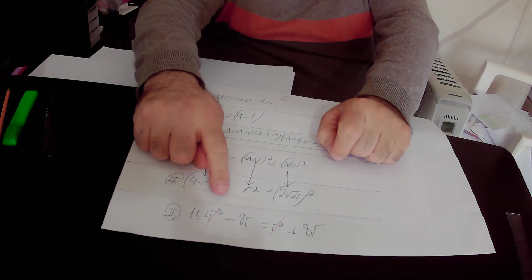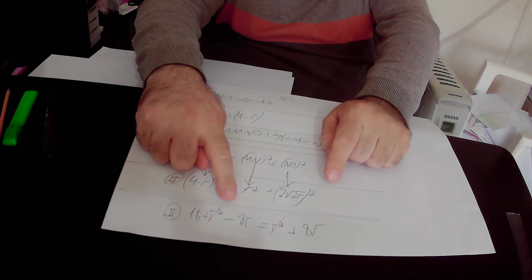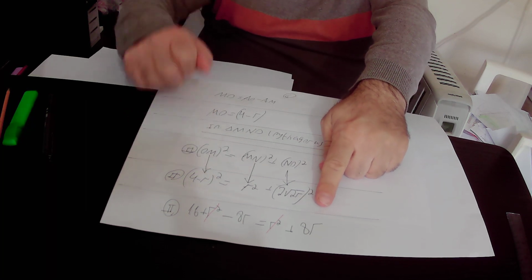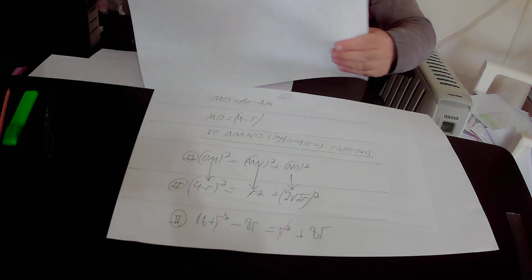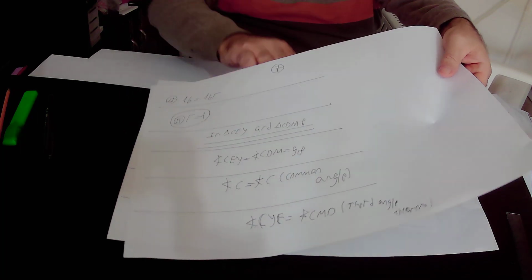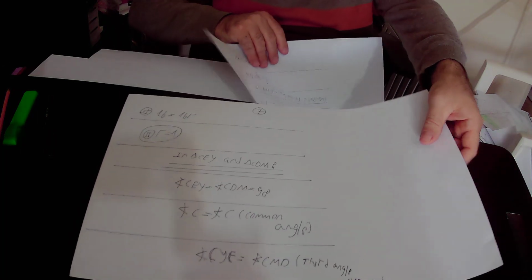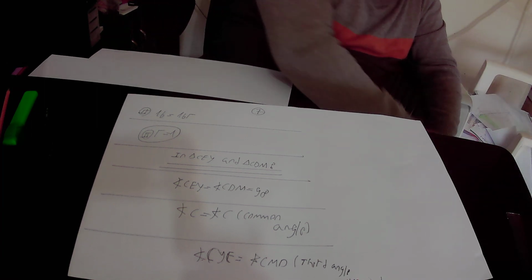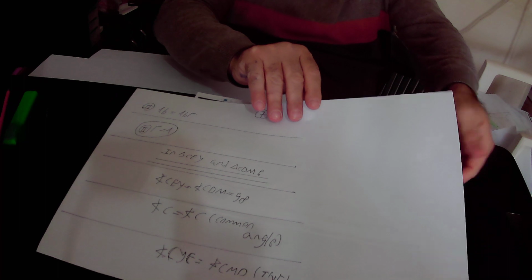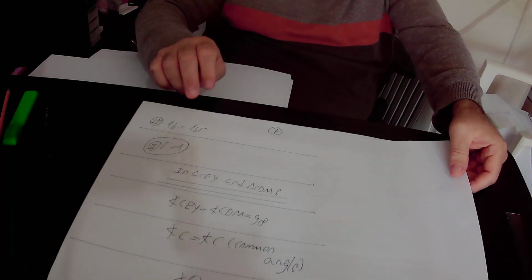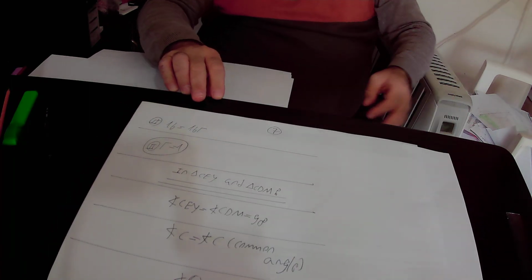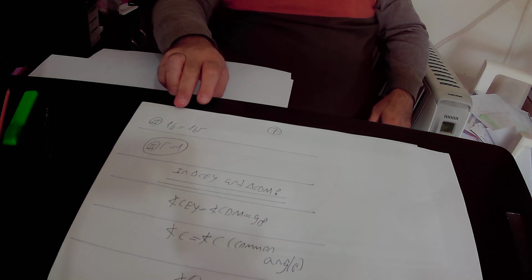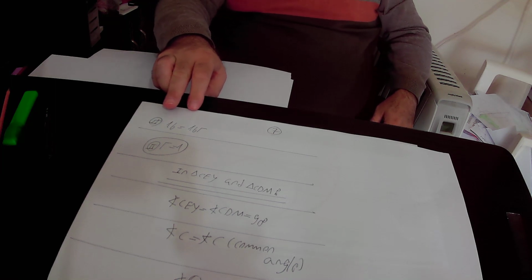So here we have 8R minus 8R is 0, and here 8R plus 8R is 16R. So in total we got that 16 equals 16R. We divided this equation by 16, and we got that R equals 1.